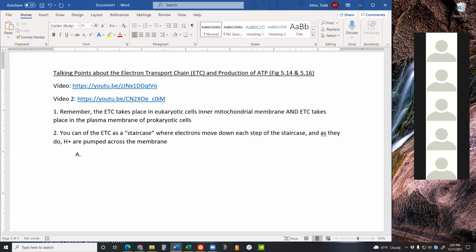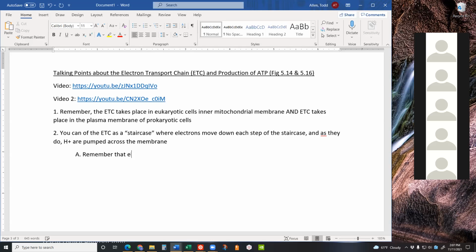So NADH is being oxidized to NAD+. When NADH is oxidized, you rip electrons off, which you see are color-coded red in figure 5.16. You rip electrons off NADH and you push hydrogen ions through that protein to the other side of the membrane. Okay.